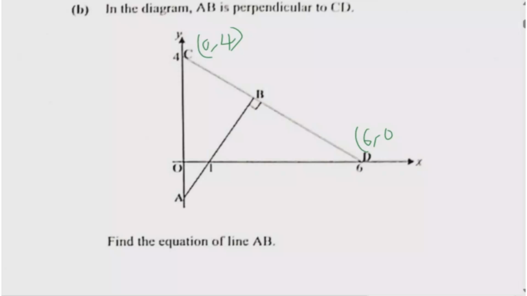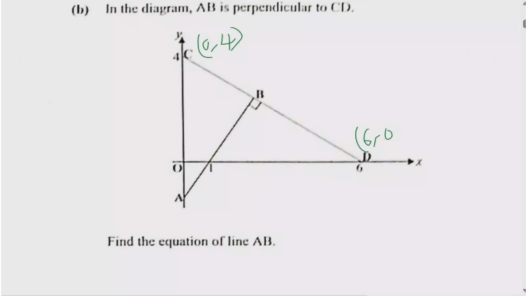Now the actual question down here is: find the equation of line AB. So we need to find the equation for the line AB, which is this one here, the line which is perpendicular to CD. How do we find it?